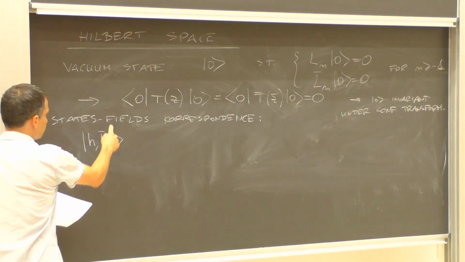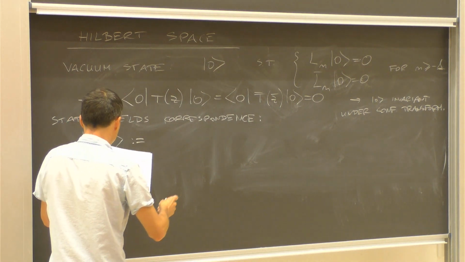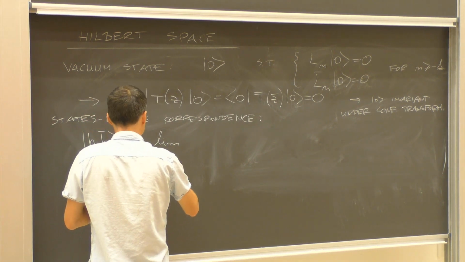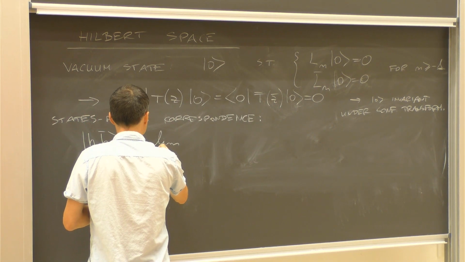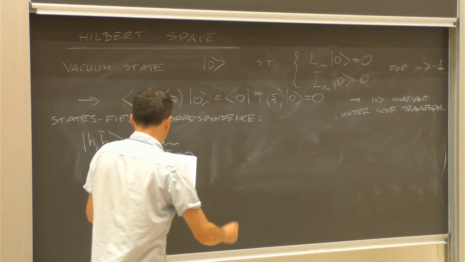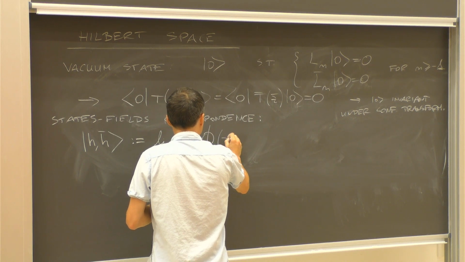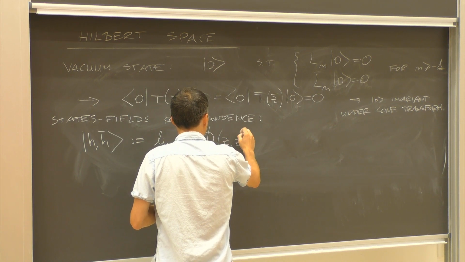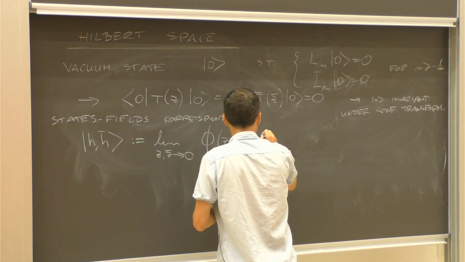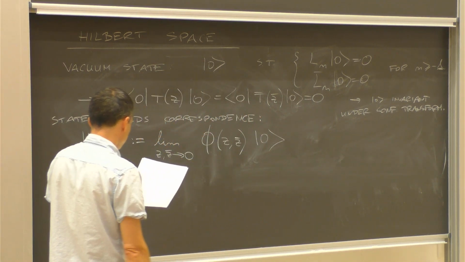So these are the states, and the fields appear in the definition of the states. Namely, this state is defined in such a way that we take the infinite past in a sense, or we take the limit when z goes to the origin, and act with some primary field on the vacuum state.